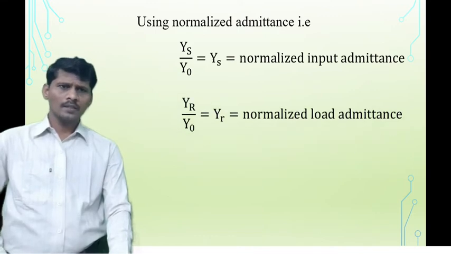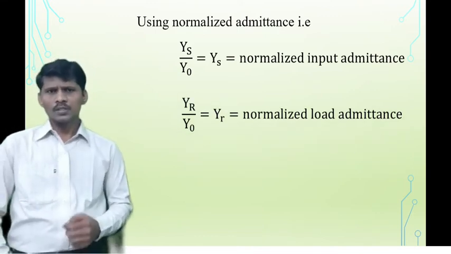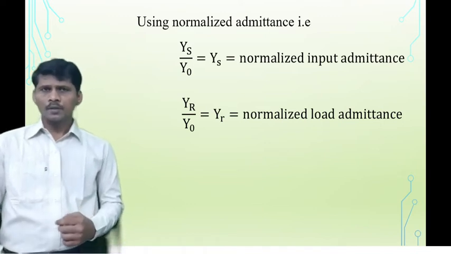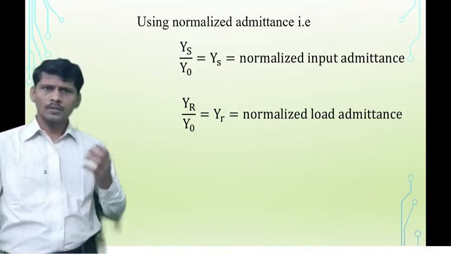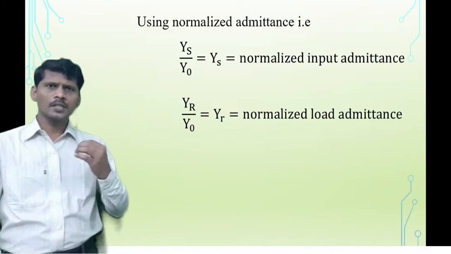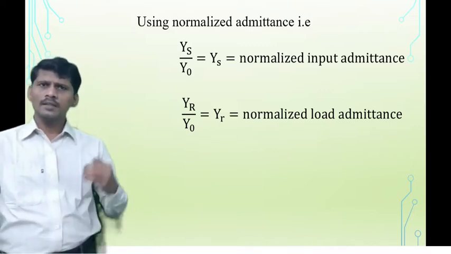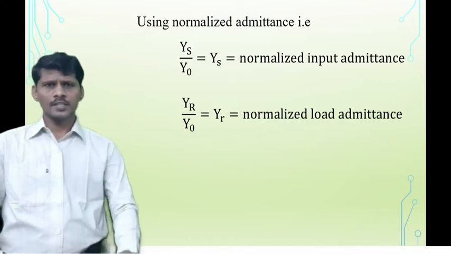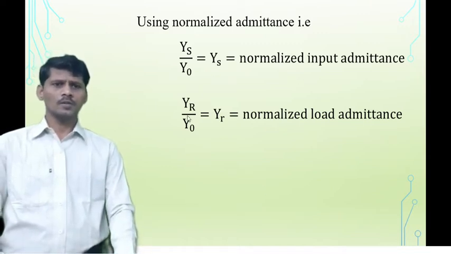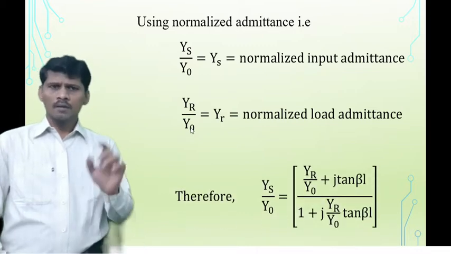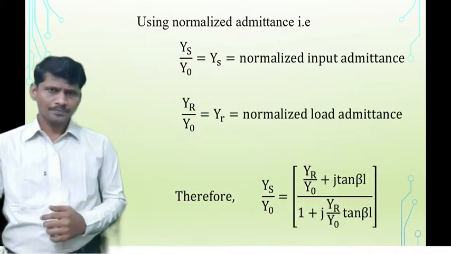Similarly, the normalized load admittance y suffix small r is equal to Y suffix capital R by Y0, where y suffix small r is the normalized load admittance, Y suffix capital R is the load admittance, and Y0 is the characteristic admittance. So that is the normalized admittance concept.